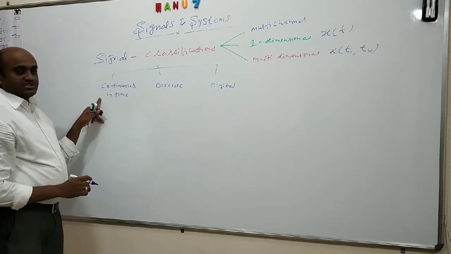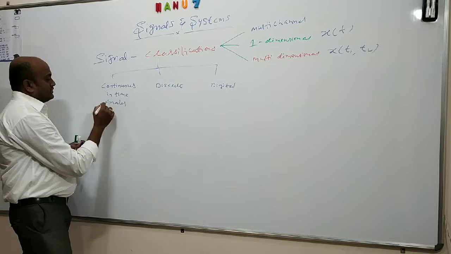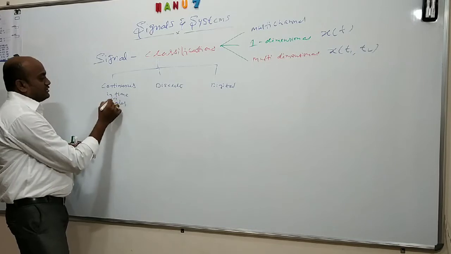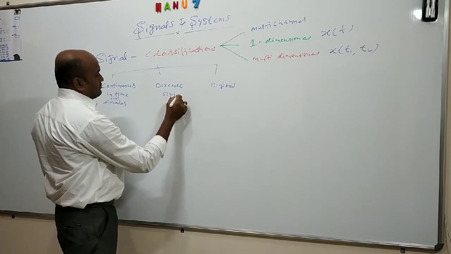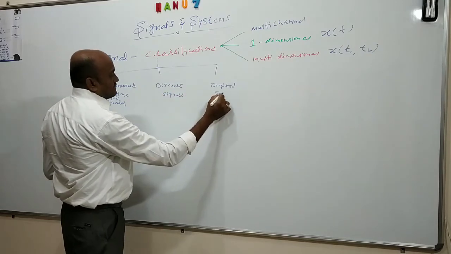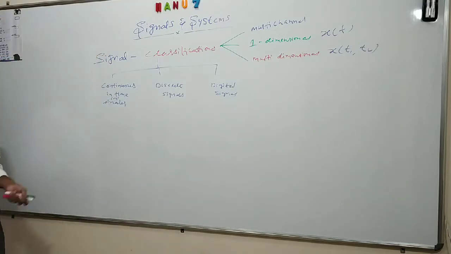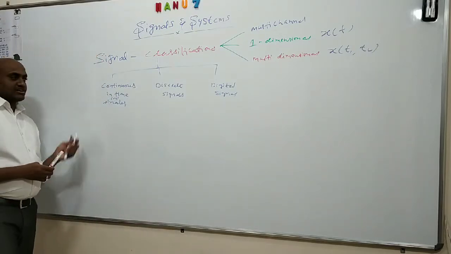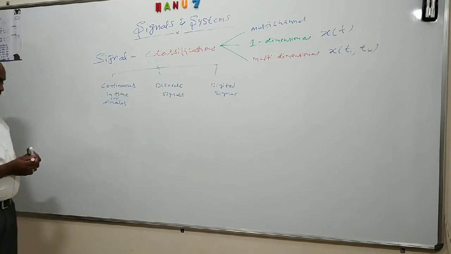We will also call continuous-time signals analog signals, then discrete signals, and digital signals. So let us see what a continuous-time or analog signal is, what a discrete signal is, and what a digital signal is.